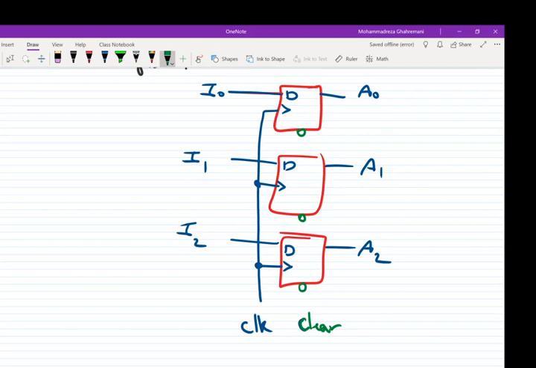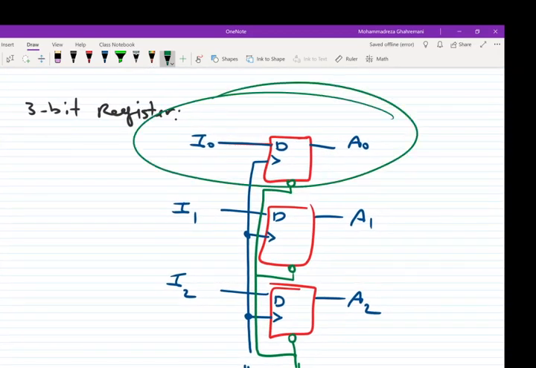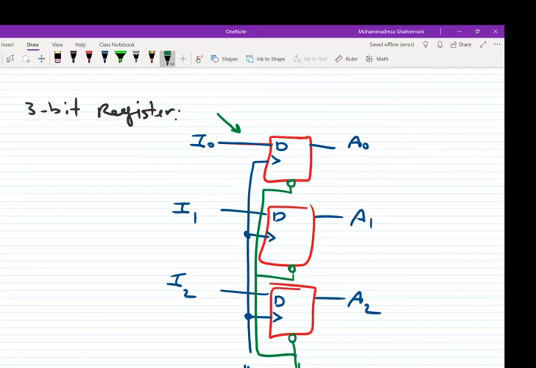So we have a clear input which is like this. If the clear input goes to 0 from 1, the outputs of the flip-flops will be set to 0. And we know how the D flip-flop stores the data. In order to store 1 bit of information in one D flip-flop, we apply the information at input D and apply 1 clock cycle.